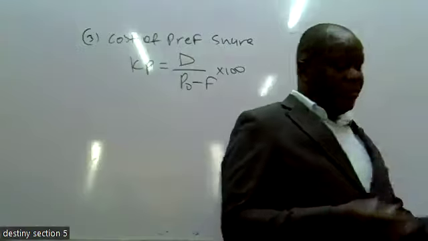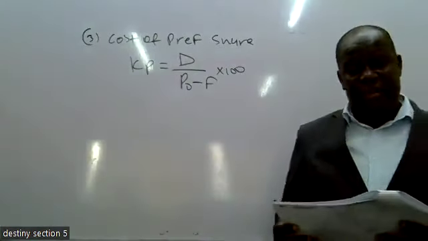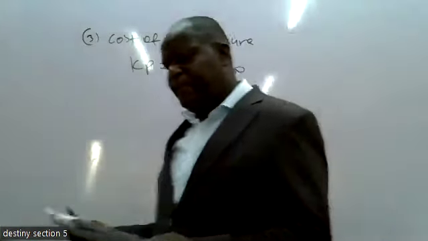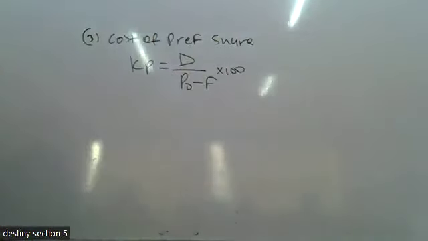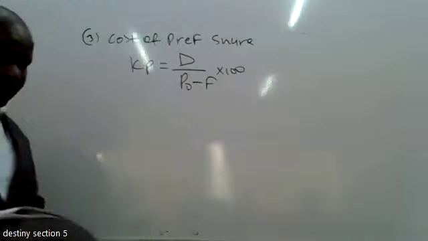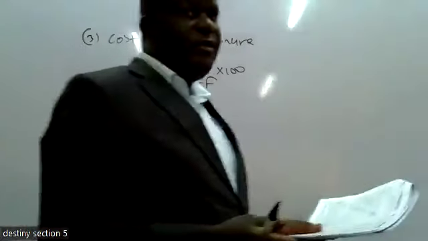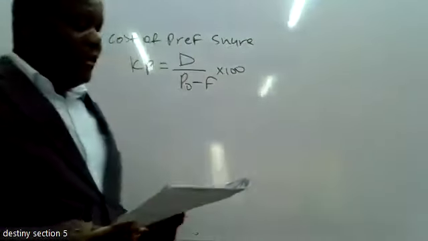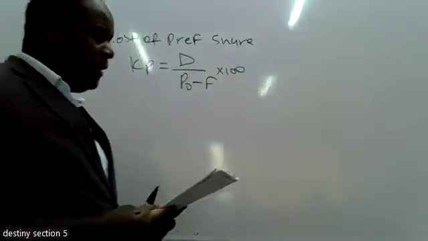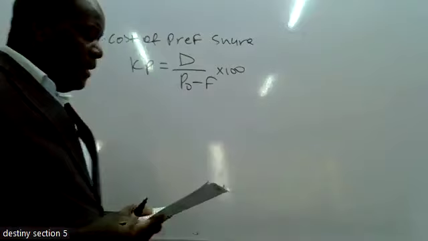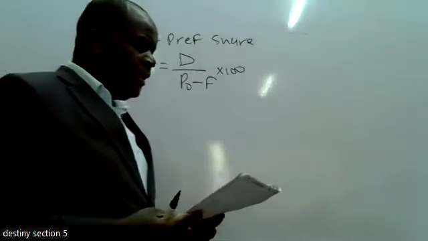So I would like you to go to note number 4. There is a place for the preference share capital, where they say that new preference shares will be issued at 11% coupon rate. The par value of each share is 100.